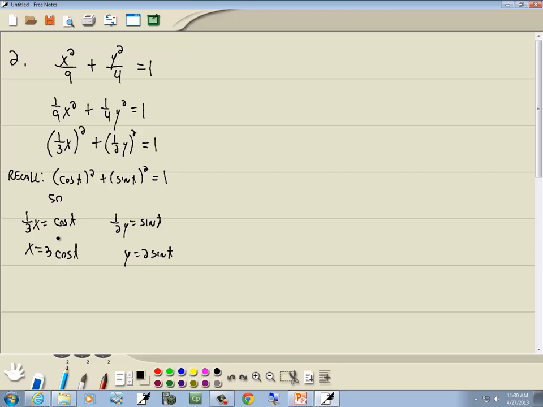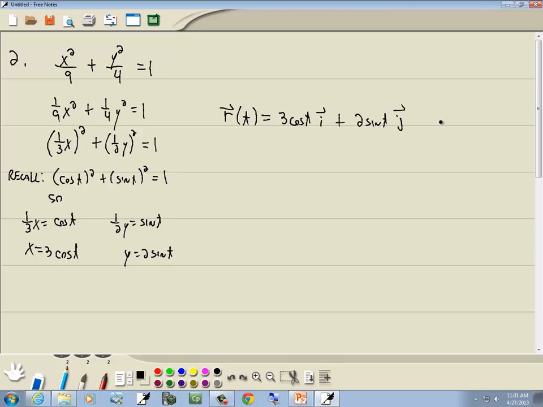So we're going to have, let me think this through now, so that's our x and that's our y. So we're going to have r is equal to 3 cosine t i plus 2 sine t j.